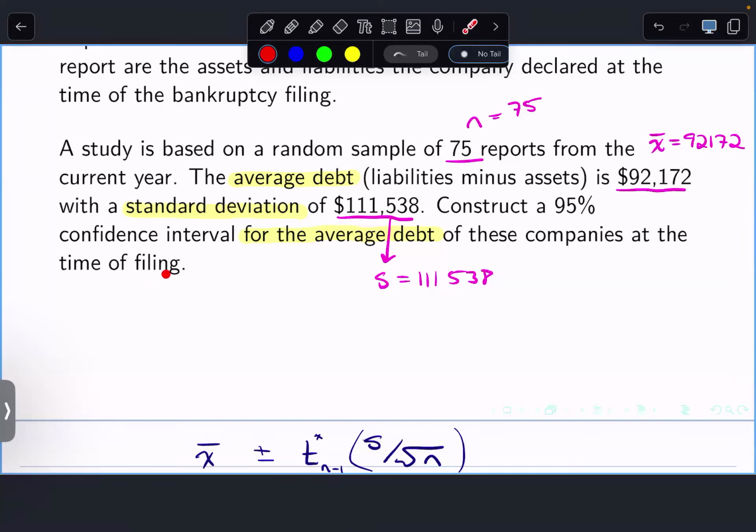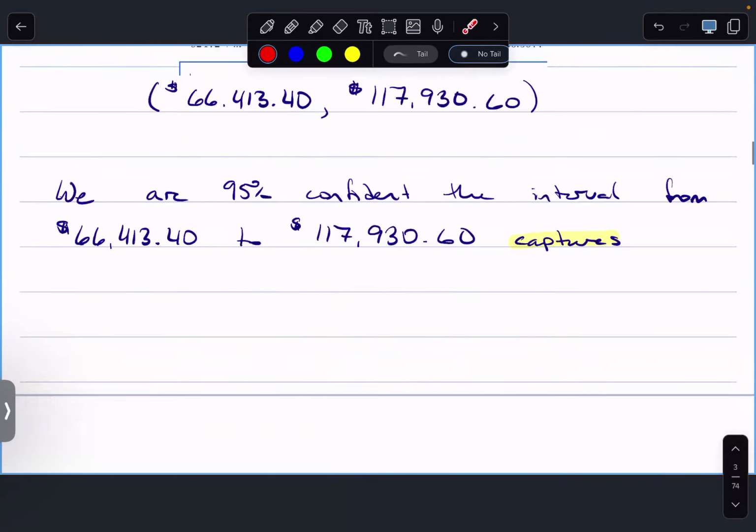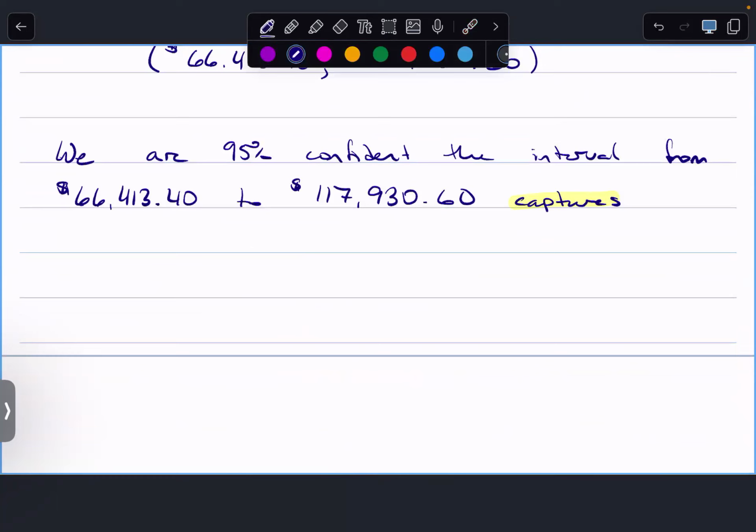And so captures, continuing from our blurb, the average debt of these companies at the time of filing.